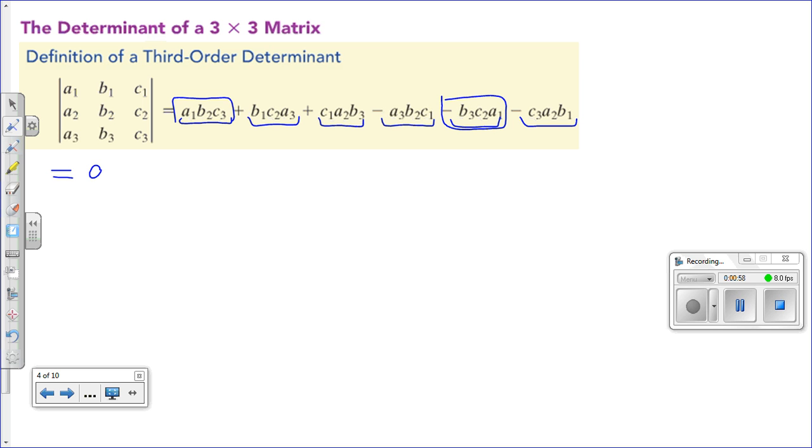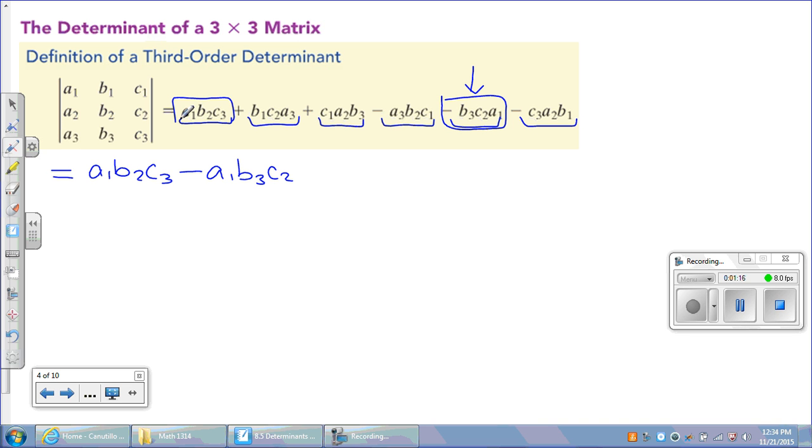So I will have A1, B2, C3 minus, and for this one here, I'm going to rewrite it, just to follow alphabetical order, so A, B, C: A1, B3, C2.